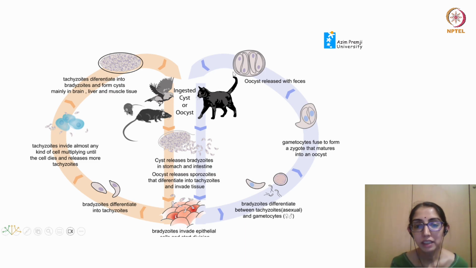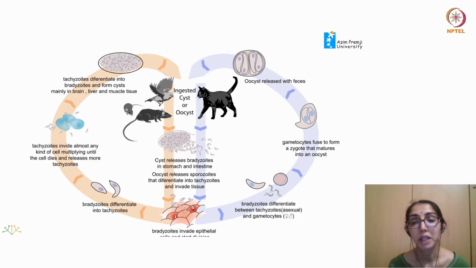If you look on the right-hand side, you see that the main definitive host are felids. So any kinds of cats, right? Ranging from your domestic cat, your pet cat, stray cats, all the way to tigers and lions, right? And it's really interesting that it's only felids that are the definitive host. So it's a mammal, but not just any mammal, it can only be felids.